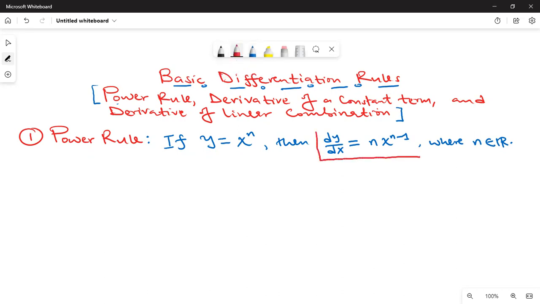What does it mean? That you bring down the power, then the resulting power is less by 1. I can explain this.